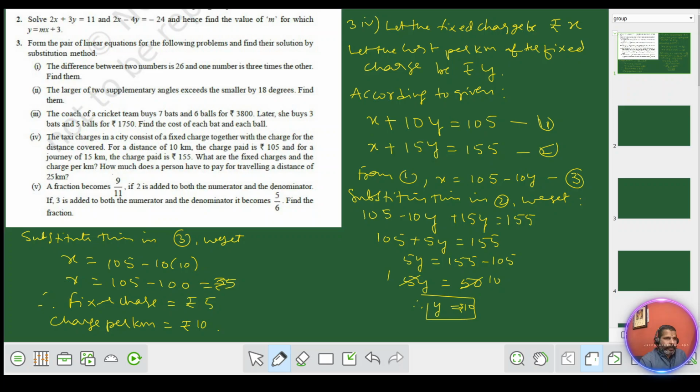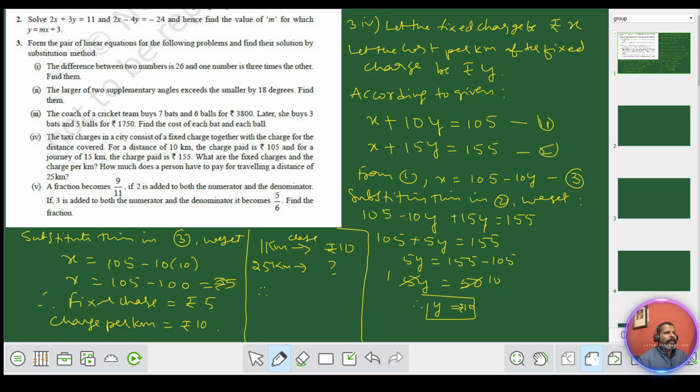Let's see. How much does a person have to pay for traveling a distance of 25 kilometers? What is the charge per kilometer here? We got 1 kilometer charge is 10 rupees. For 25 kilometers, how much is it?